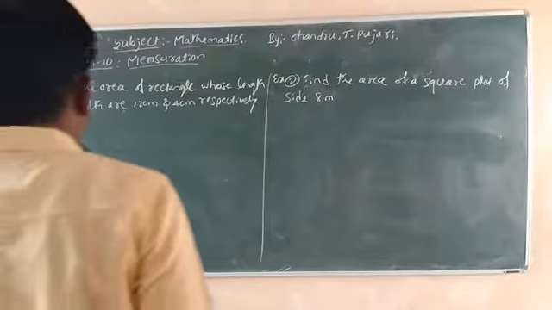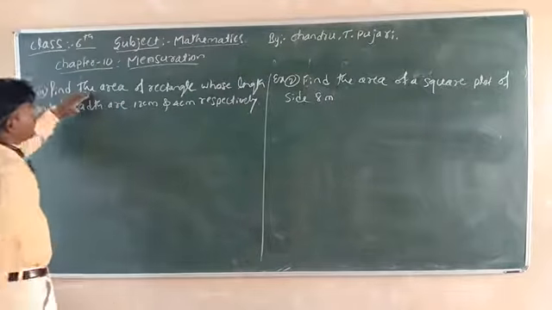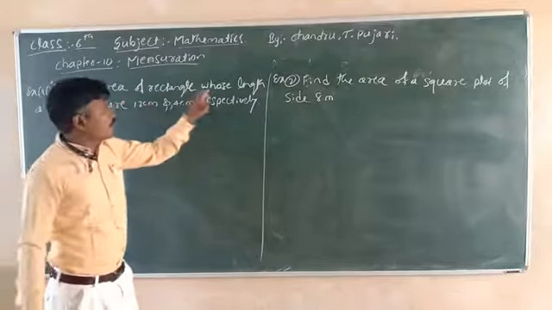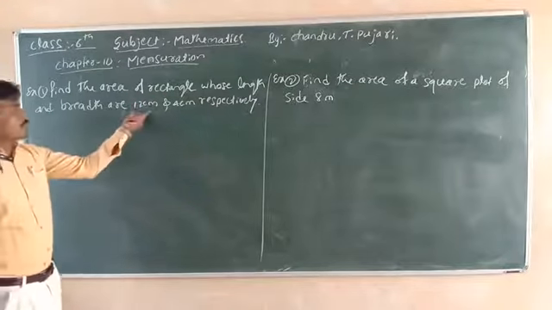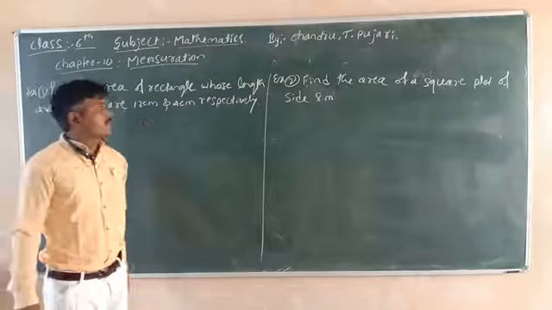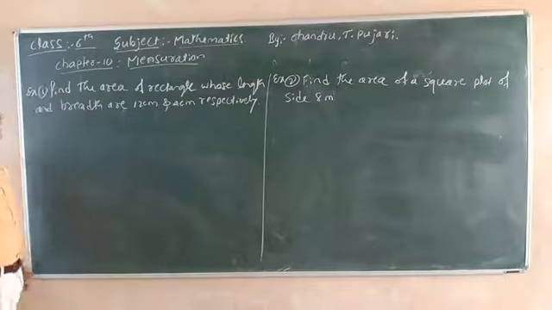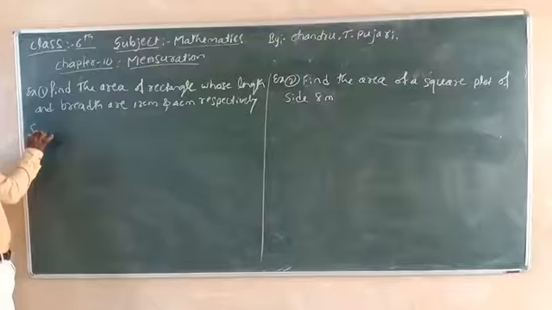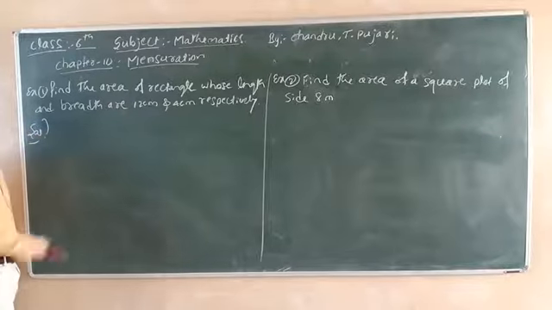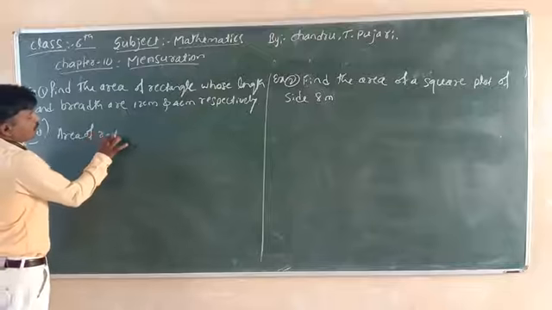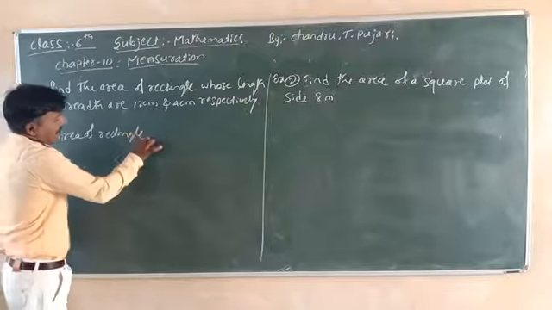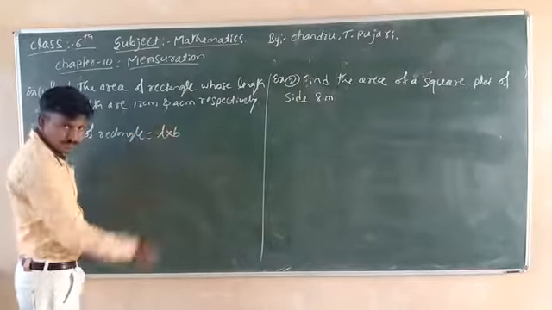Example number 1. Find the area of a rectangle whose length and breadth are given. Length is 12 cm, breadth is 4 cm respectively. Find the area of the rectangle. Solution: area of a rectangle is equal to, our formula, length into breadth.